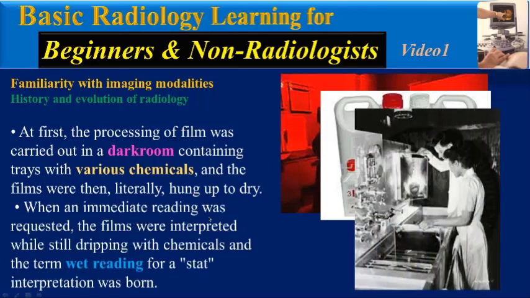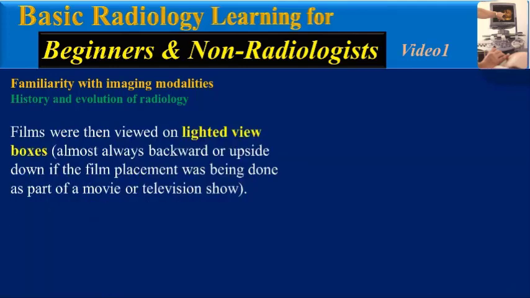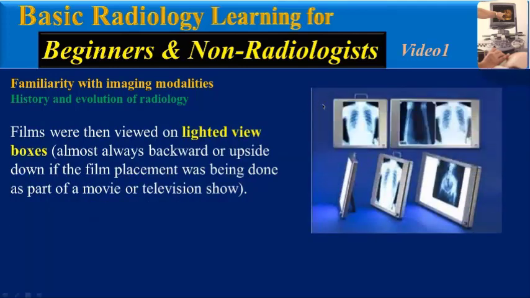When an immediate reading was requested, the films were interpreted while still dripping with chemicals, and the term wet reading for a stat interpretation was born. Films were then viewed on light view boxes, almost always backward or upside down if the film placement was being done as part of a movie or television show.